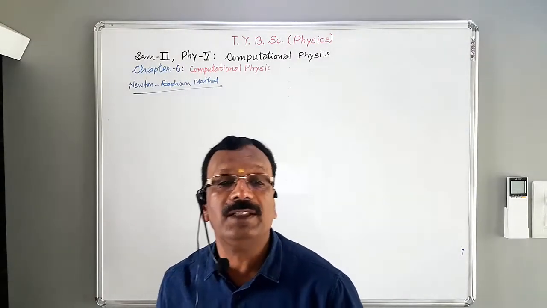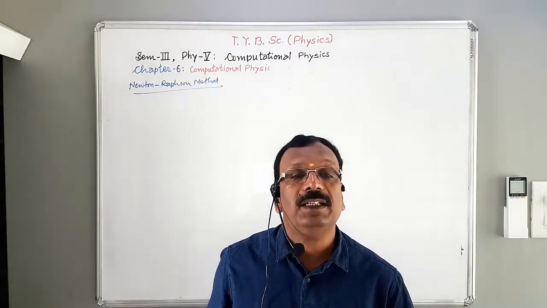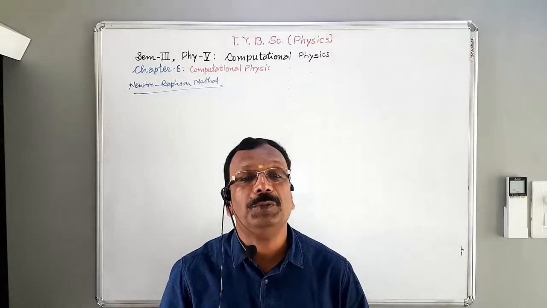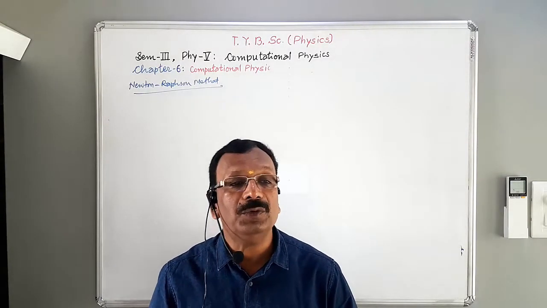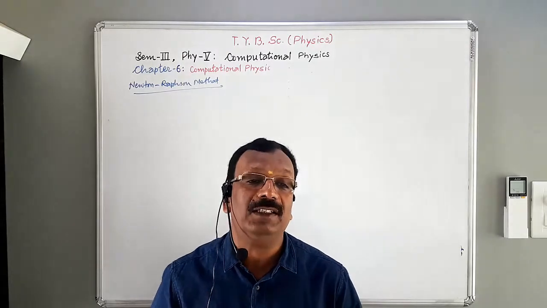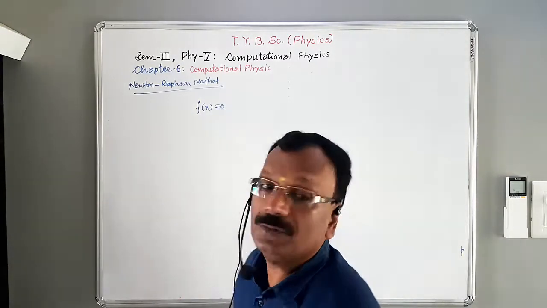The Newton-Raphson method is also known as the Newton method, and this method is a way to quickly find a good approximation for the root of a real valued function f of x is equal to 0.